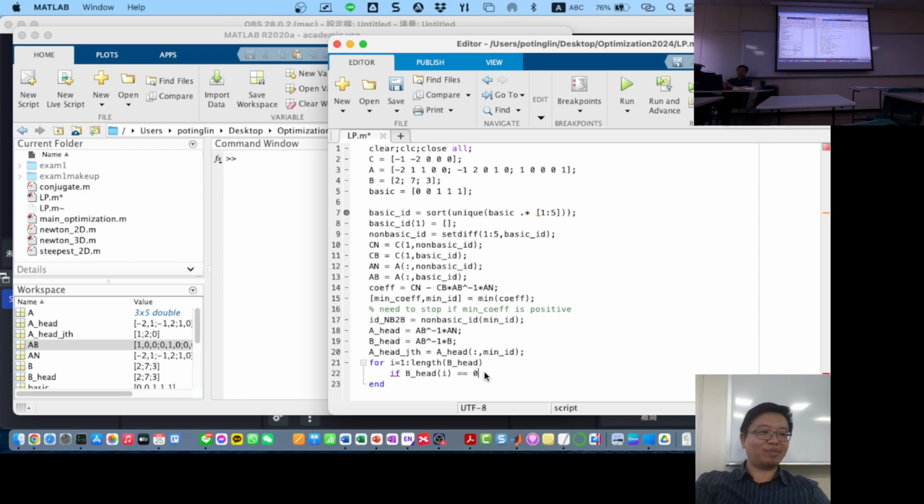We don't care about that one because that one has a ratio test of infinity, and we don't need that one. So we can do not 0. We only do the ratio test when it's not 0.